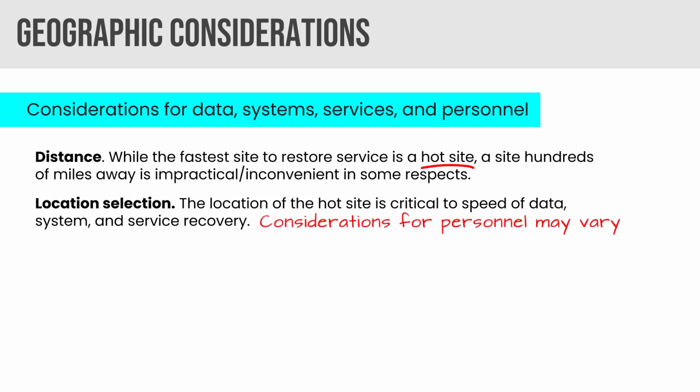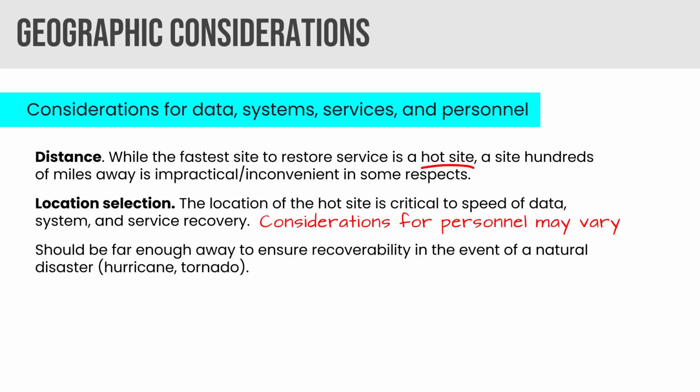Now, considerations for personnel may vary. If we need to get staff back online quickly in the event of a disaster, they're not going to be able to travel hundreds of miles away, so the location selection for our data systems and services may be different than location selection for personnel.